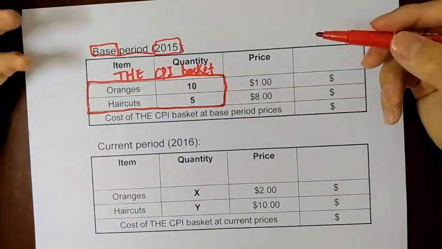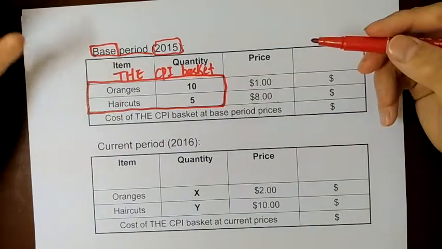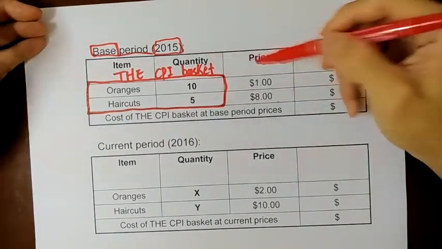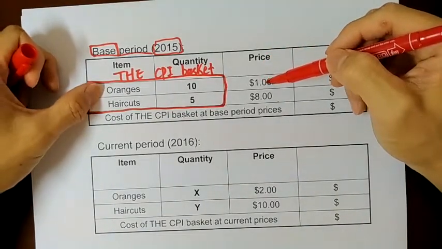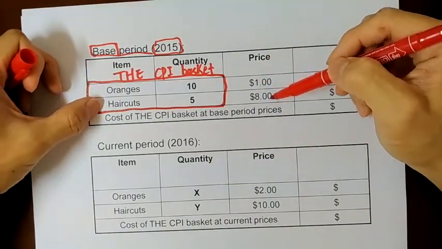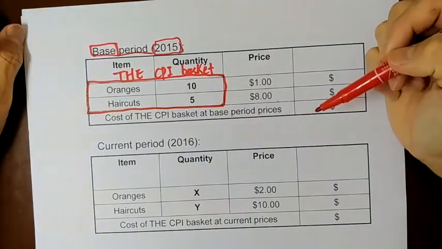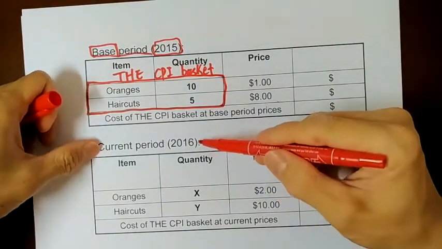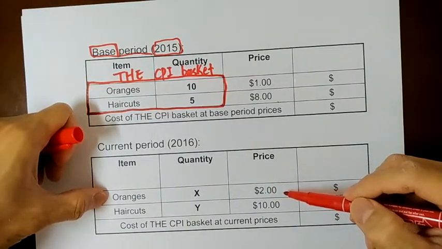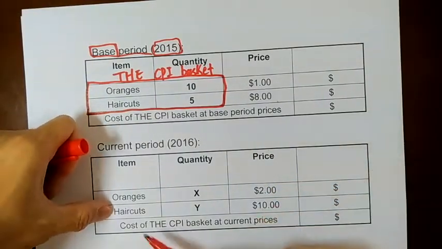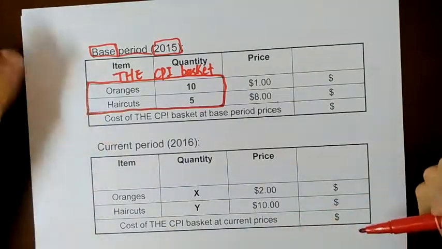The second stage is to do the price survey, right? So in 2015, the survey says price of oranges is $1 each, and the price of haircuts is $8 each. And the survey in 2016 says the price of oranges is $2 each, and the price of haircuts is $10 each.